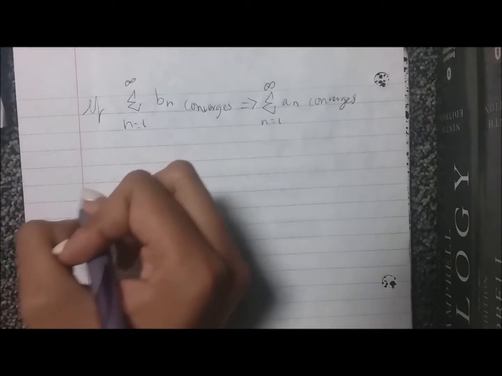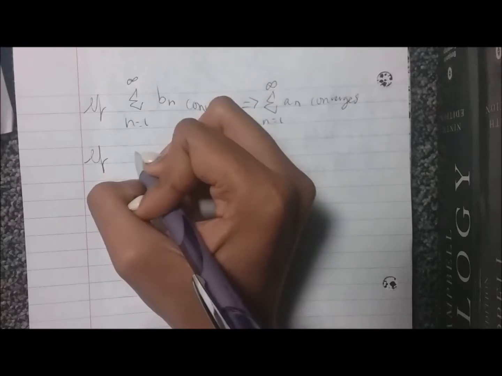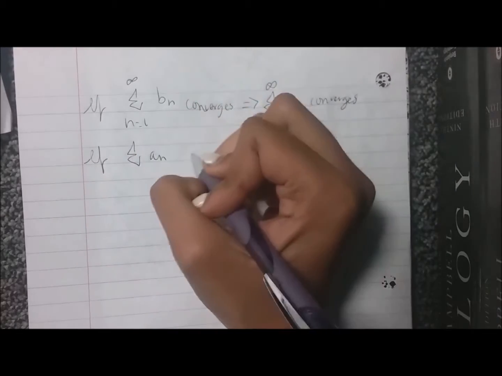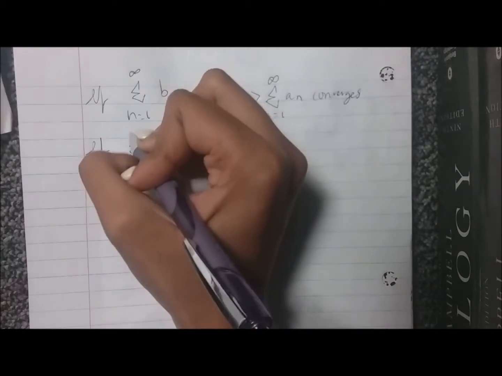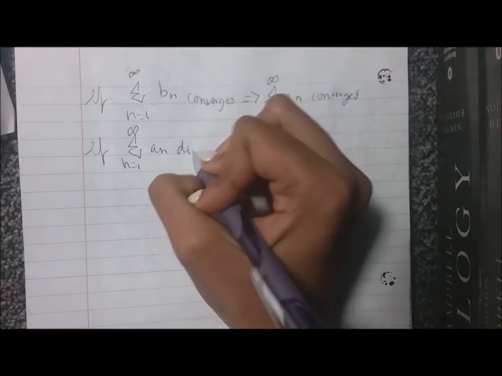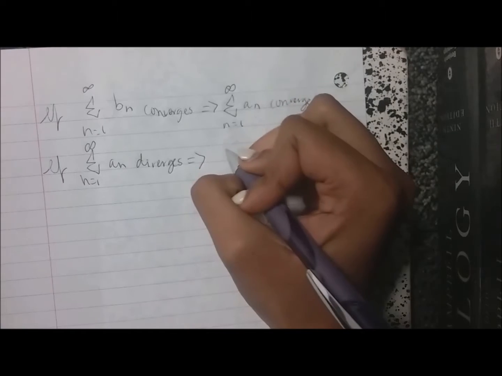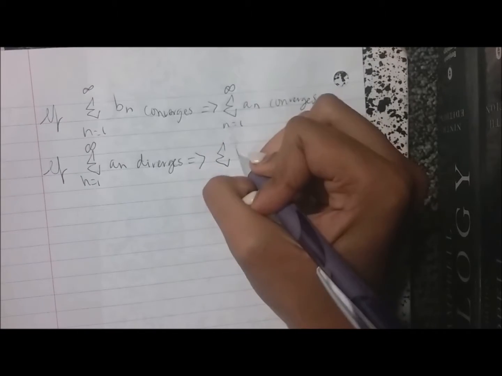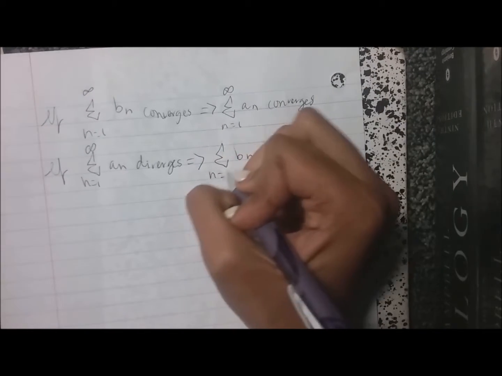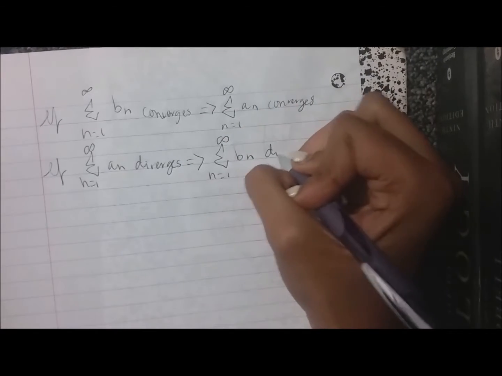The second rule is if the sum of a sub n from 1 to infinity diverges, then the sum of b sub n from 1 to infinity diverges.